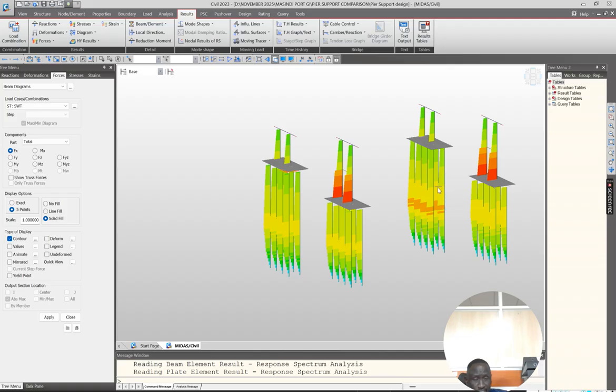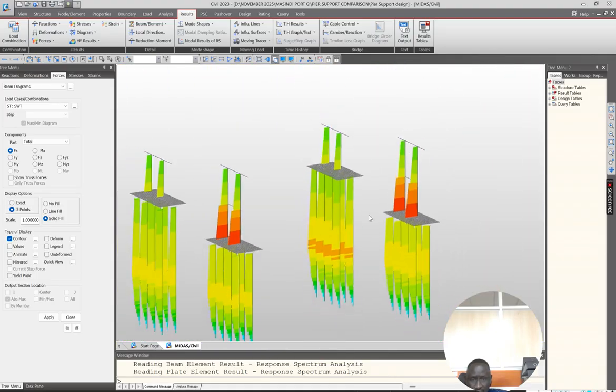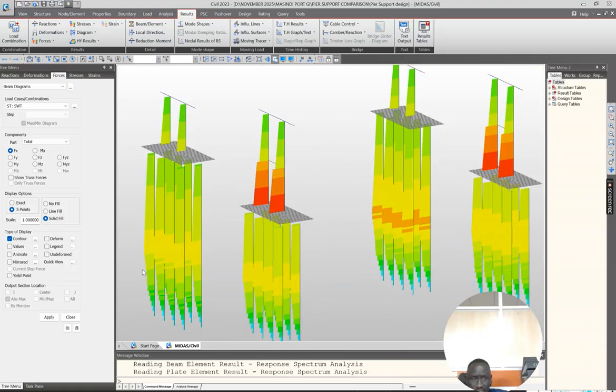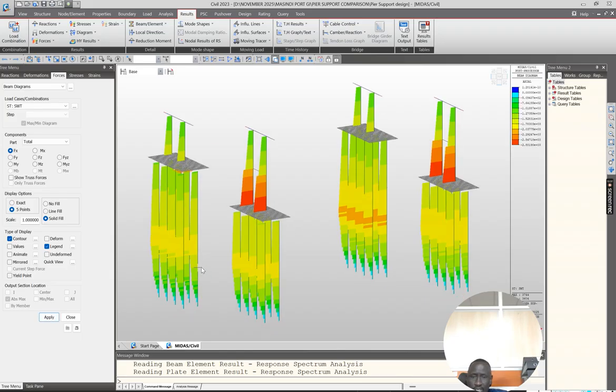It tends to get a higher value when compared with the same level when there was no scour. So you can look at this parameter, whereas high moment exists here and here, the forces on the pile tend to be fairly okay.